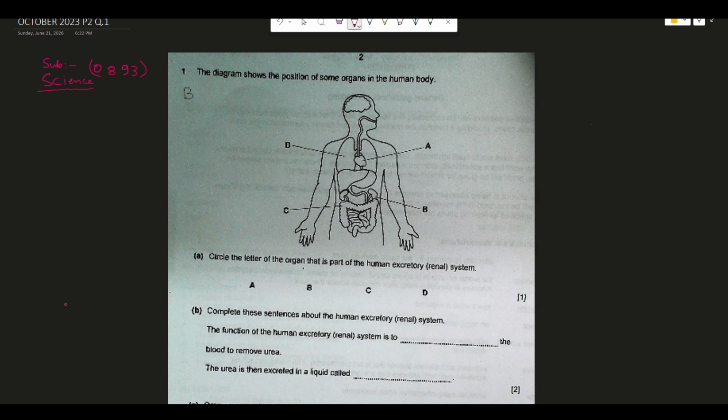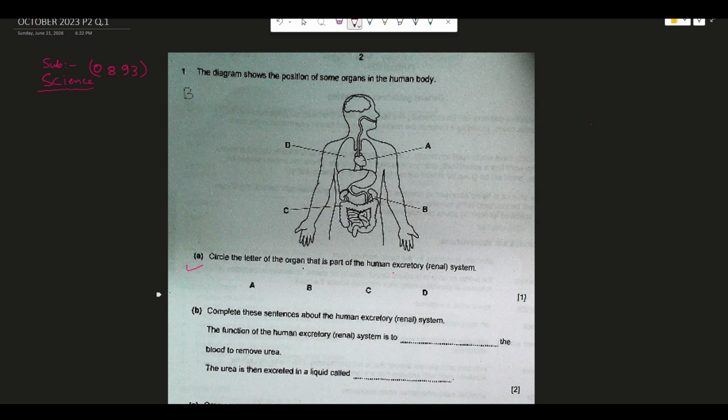Sub question A says, circle the letter of the organ that is part of a human excretory system. A, B, C and D are the 4 different parts that have been labeled. You have to circle only that part which is an organ related to the excretory system.